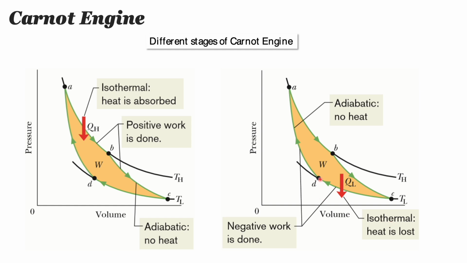After that, the system has moved from state D to state A, and during this time no heat transfer has taken place, therefore the process is an adiabatic process, and the work done is negative because the gas is compressed.